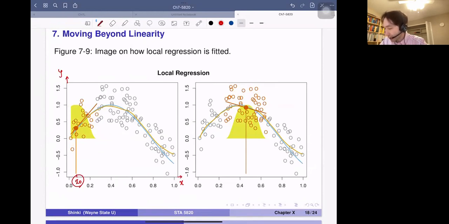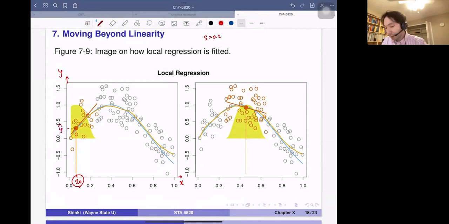Here, s is maybe 25%, so we pick maybe 1/4 of the entire data set. If we have 100 observations, we choose maybe 25 observations. Maybe s is 0.2, so 20 observations. These red circles are the observations to be used to calculate Y hat.